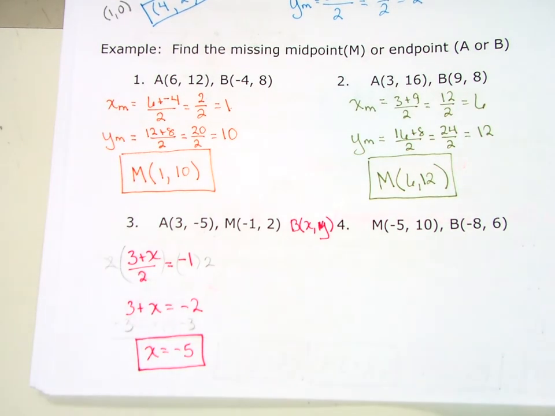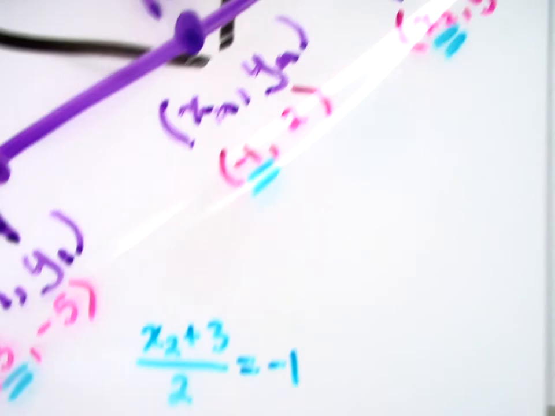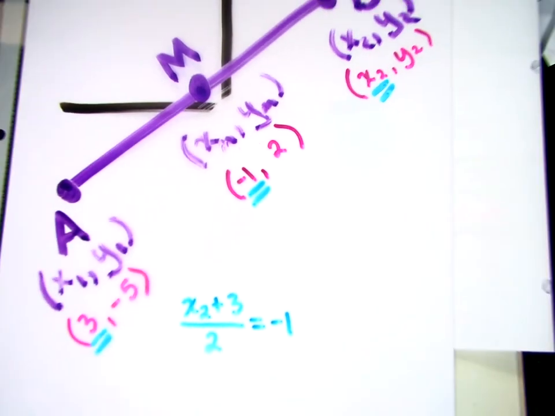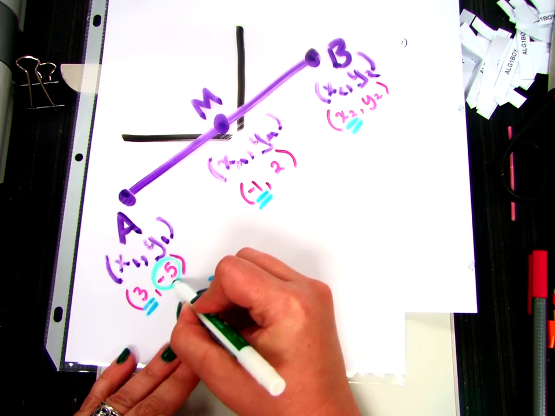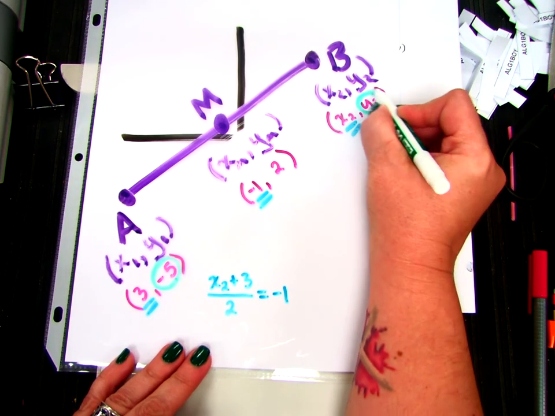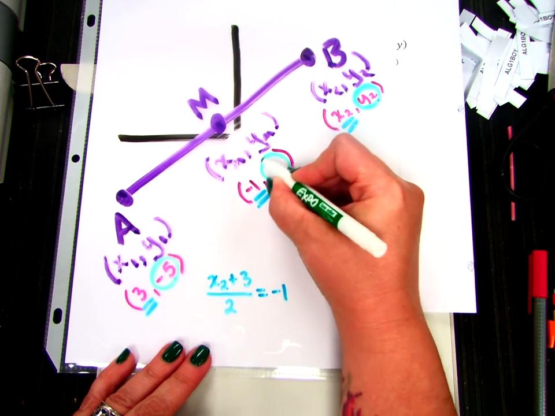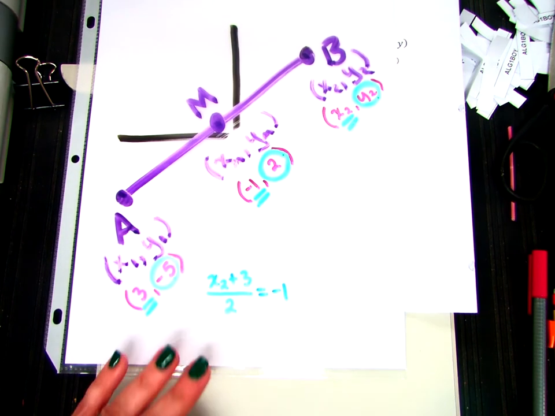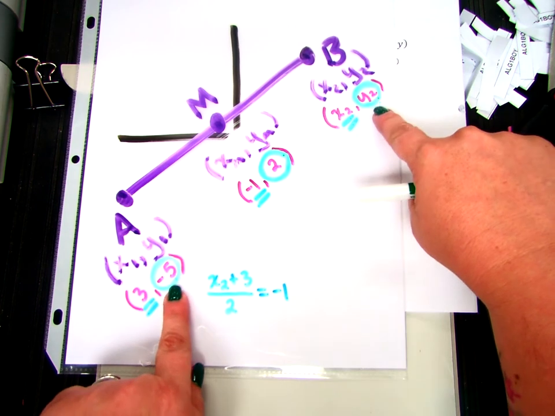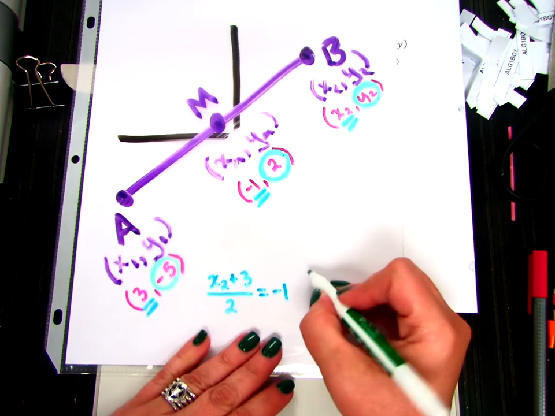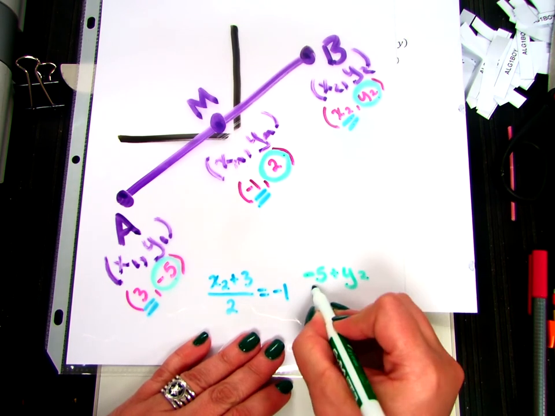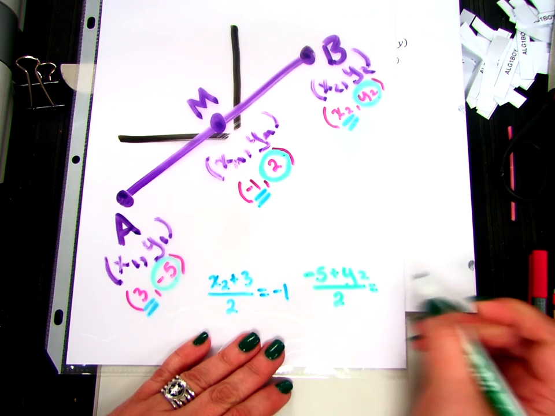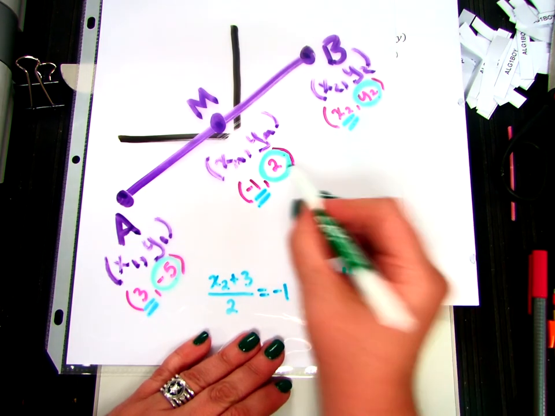Then we would have to do the same thing with the y's, right? So if I want to do the y's, I know that this y averaged with this y is going to equal the middle y. So these two, this negative 5 plus this y2, divided by 2 is going to equal 2.